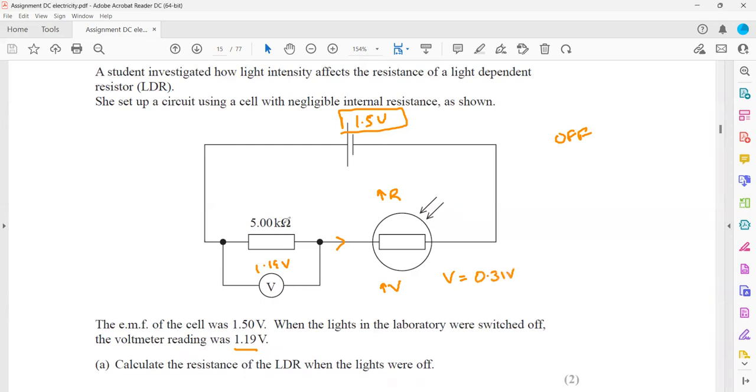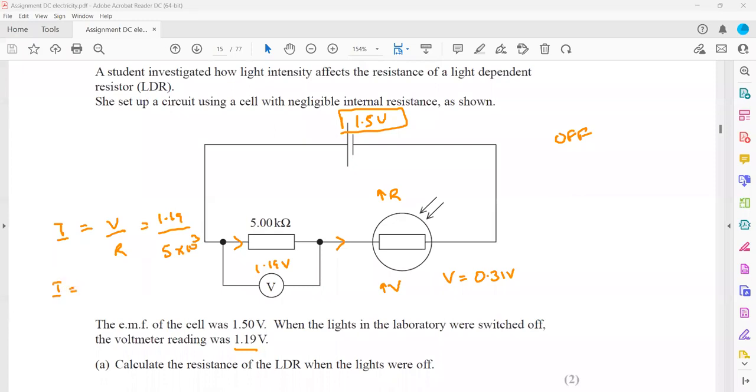And what about the current? Because they're in series, the same amount of current that passes through the fixed resistor will pass through the LDR. So how do we find the current? V = IR, so I = V/R. V is the voltage across the fixed resistor and R is the resistance, which is written as 5 kilo ohm, which is 5000 ohms.